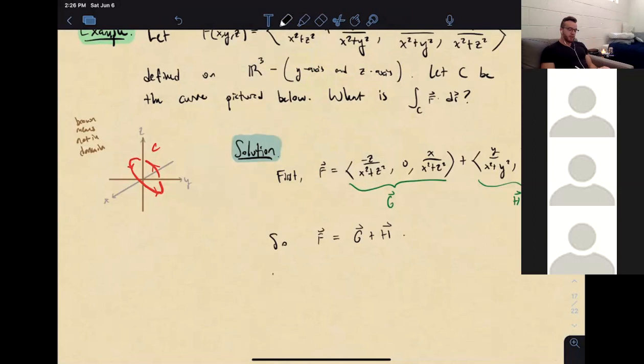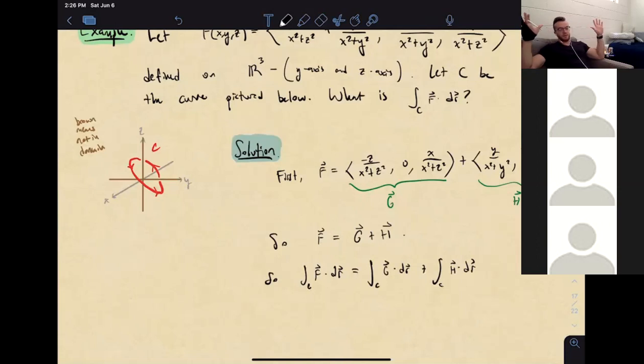So by that I mean the integral over C that we care about of F, I could just split this up into an integral of G plus an integral of H. And these are two completely different things. They don't interact at all.